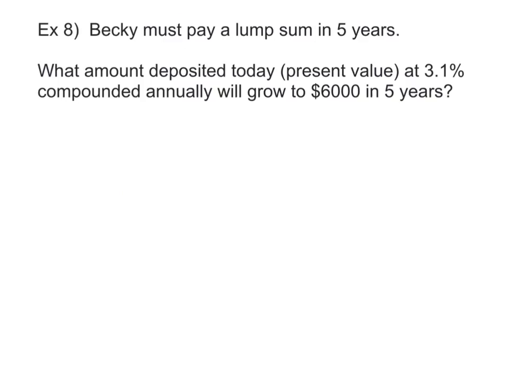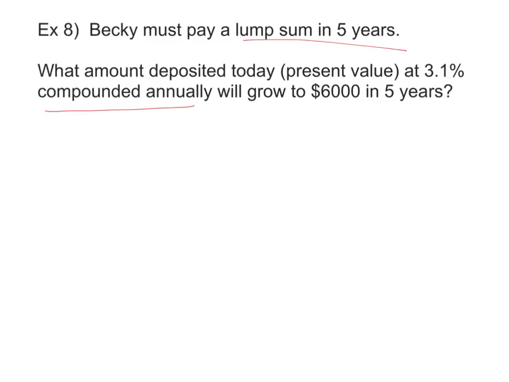What if I look at this a little bit differently? So we can be given all of our information, or we can step back and take another look at how this works. Becky must pay a lump sum in 5 years. So within 5 years, she has to come up with a certain amount of money. What amount deposited today, so the present value, at a 3.1% compounded annually, will grow to $6,000 in 5 years?